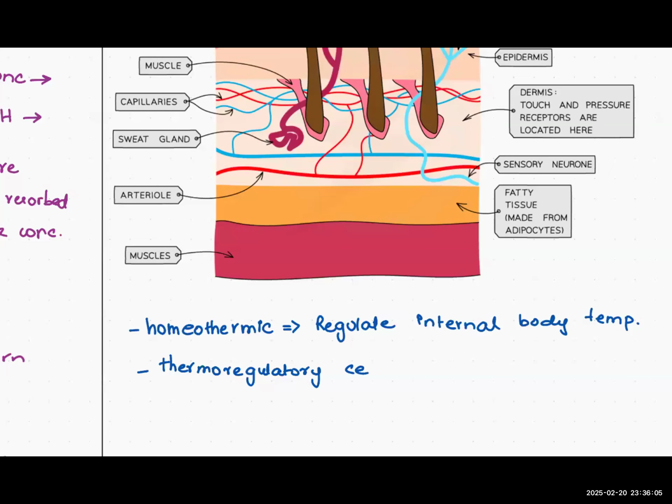The thermoregulatory center is the portion of the brain that detects whether the external environment is cold or hot, and based on that it will then send a message to your body to maintain the internal temperature of the body.